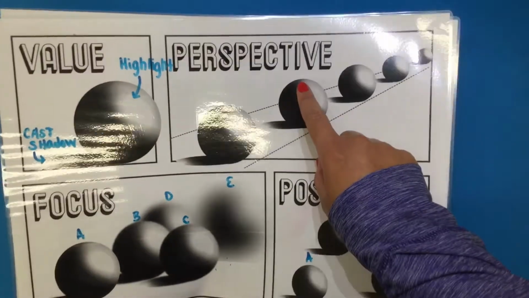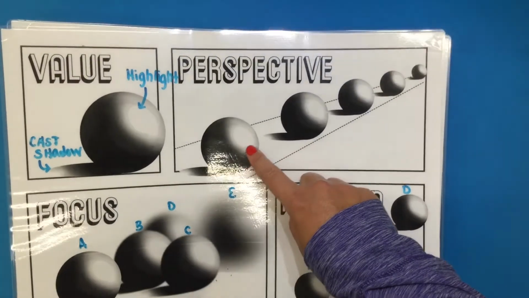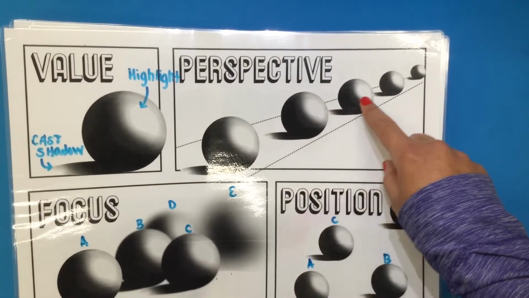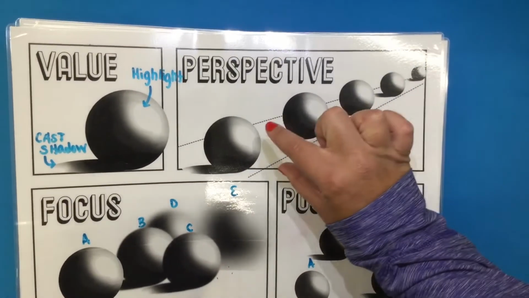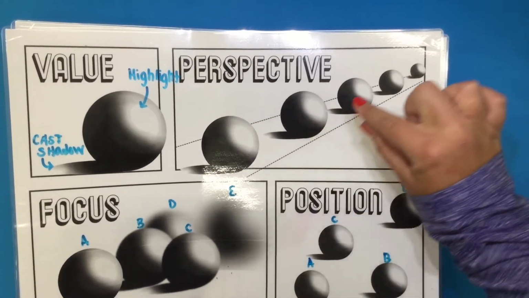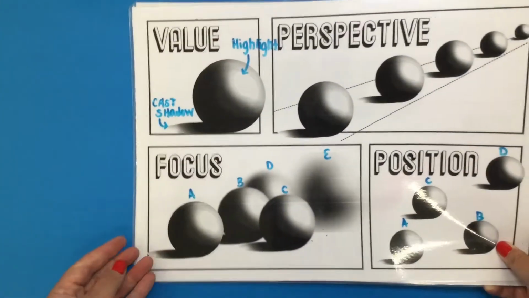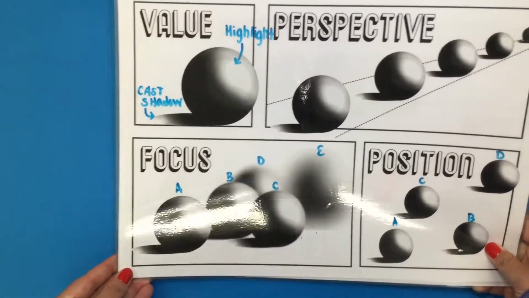Another way is perspective. There's a mathematical equation for when things get further and further and further away, they get smaller and smaller and smaller in a very exact, expected way. Next is focus.